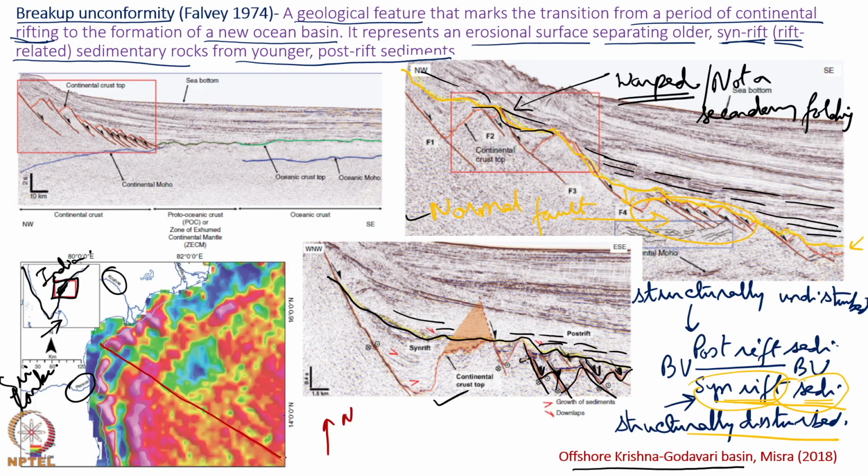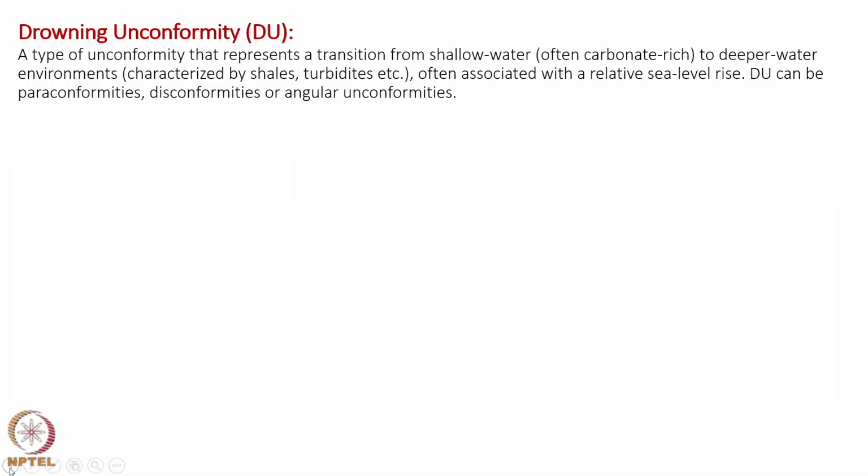Since this is the geographic north, this direction is southeast and this direction is northwest. So here you see southeast direction tallying with this direction and northwest direction is over there.